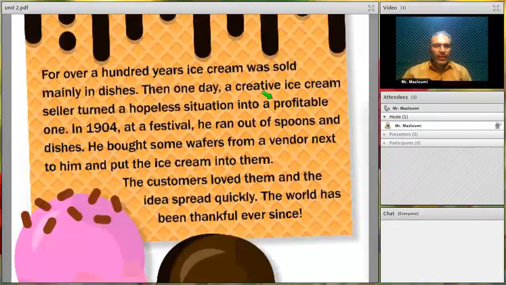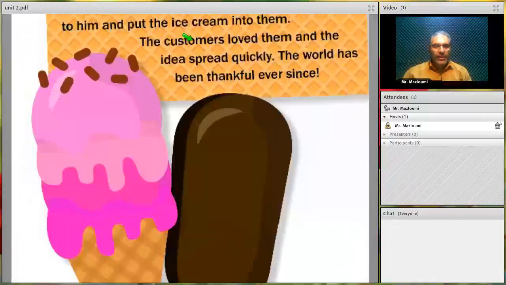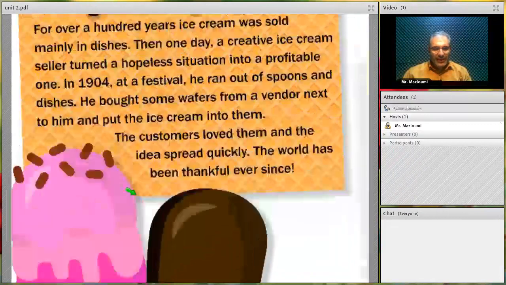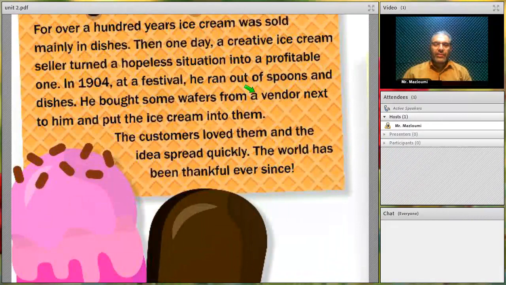In 1904, at a festival, he ran out of spoons and dishes. Run out of means finish. He bought some wafers from a vendor next to him. Wafer, something like this, a thin biscuit. Vendor means seller, a street seller, for example.